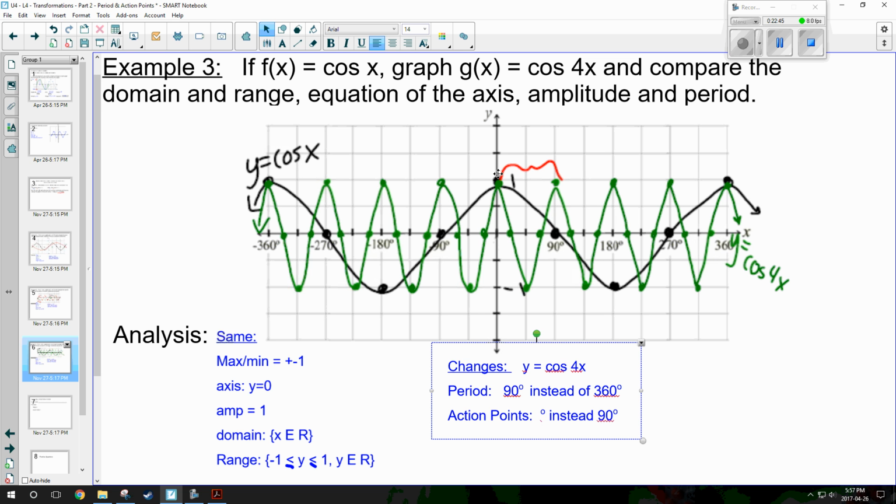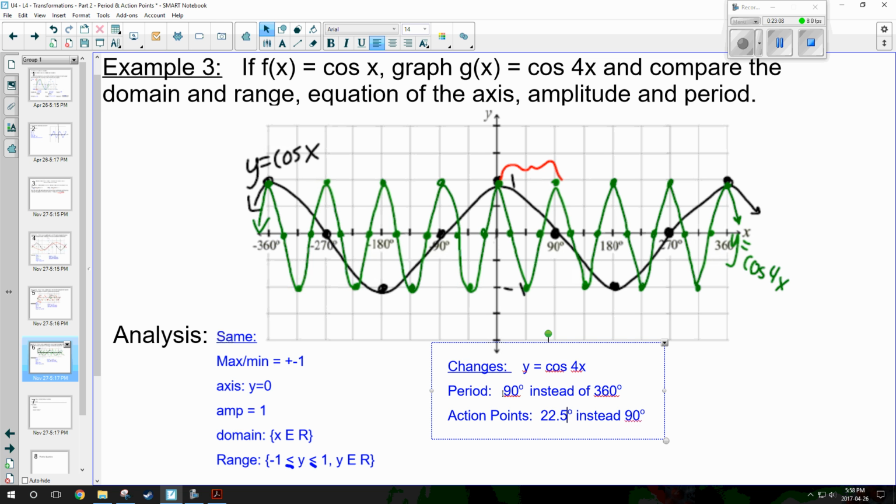And that means that our action points are every 22.5 degrees instead of every 90 degrees, because that's half of our 45 degrees here. The first one starts with a maximum at 0. Then our next one is at 22.5, which is halfway to 45. Our next one's at 45. And that again continues on, so on and so on.